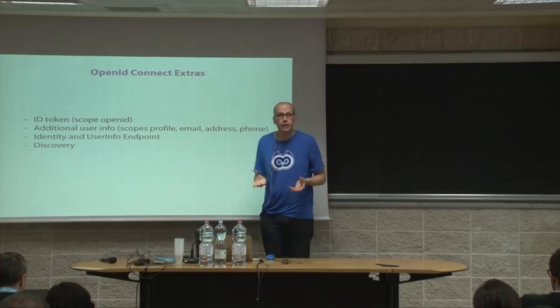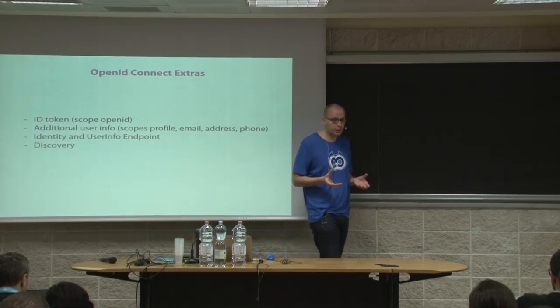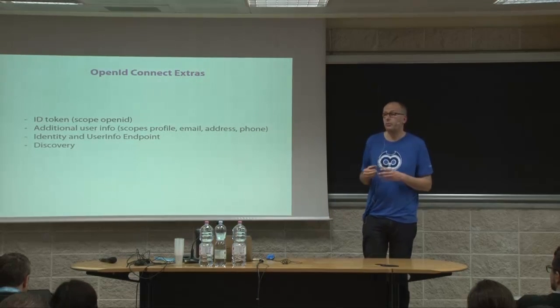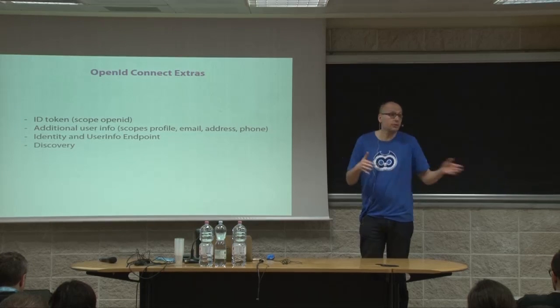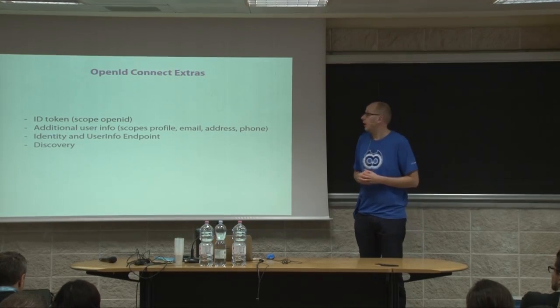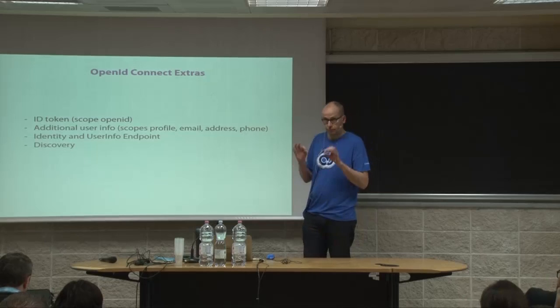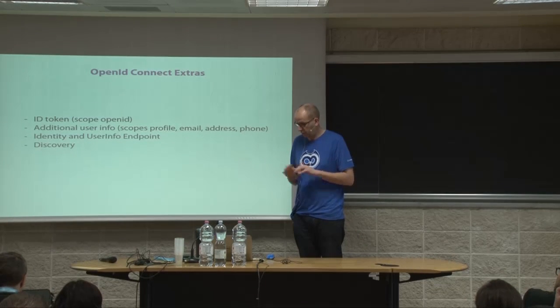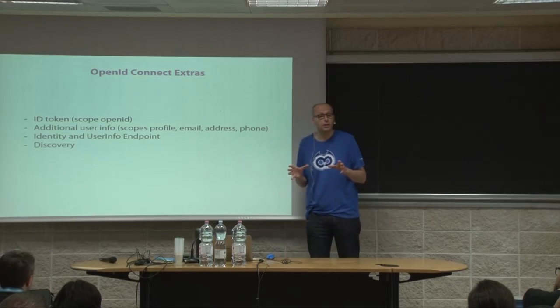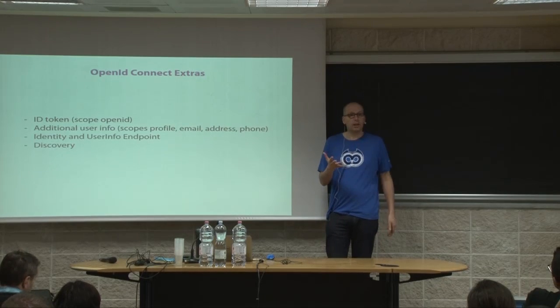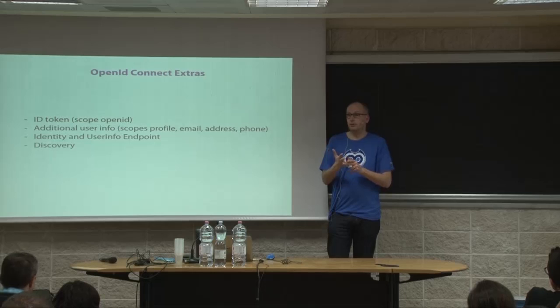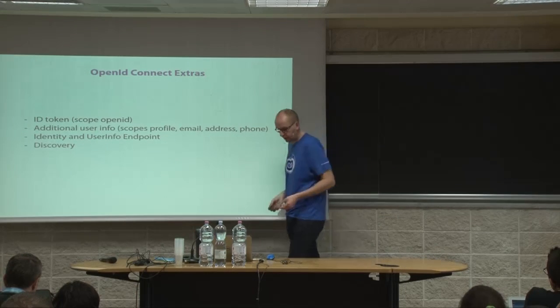And it has a discovery. And the discovery is provided at a well-known URL. So that's just a URL every authorization server uses. And on that URL is a piece of JSON that says, well, my public key is here. I used it. You can ask me for these and these scopes, etc. So it's a discovery.